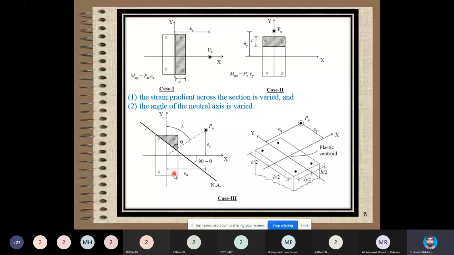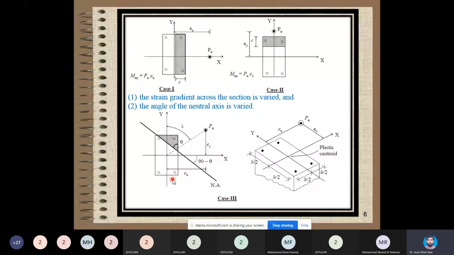It means each bar in this column will have a different lever arm, a different strain magnitude, and a different stress value. And you are looking at this picture with only 4 bars. Imagine that this column has multiple layers, because we are talking about a column under biaxial bending.